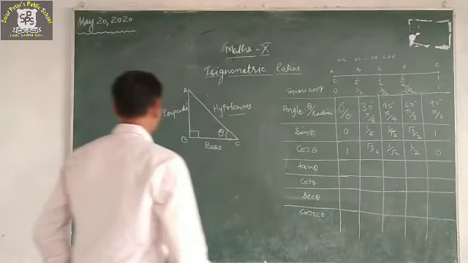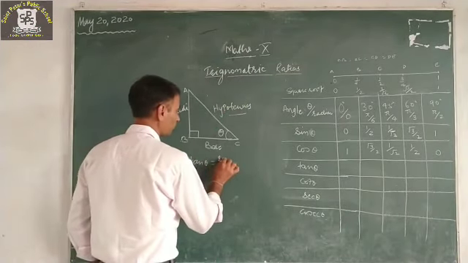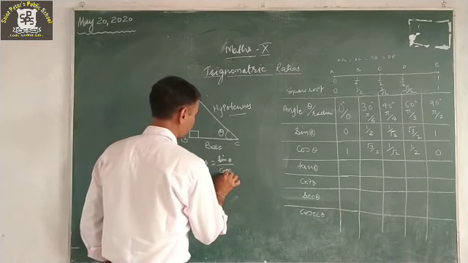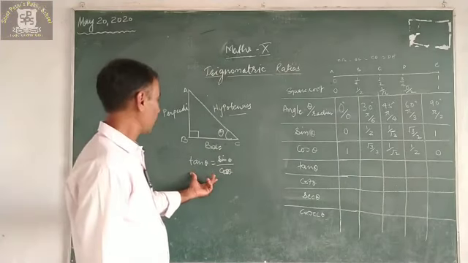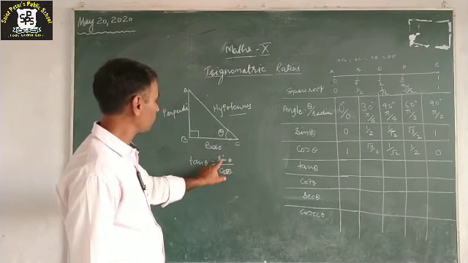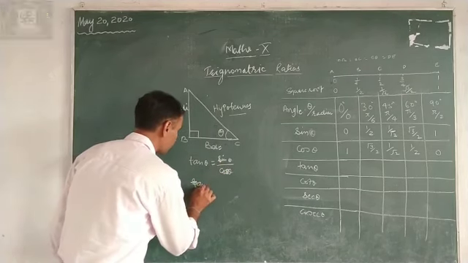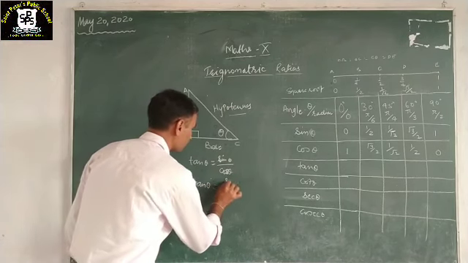Now for tan theta, we know that tan theta is equal to sin theta upon cos theta. We already knew about this. So tan 0 degree will be equal to what?